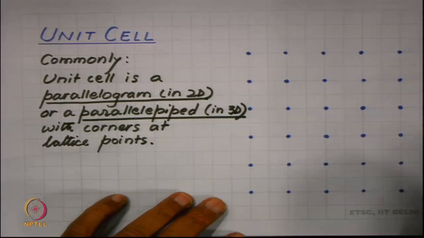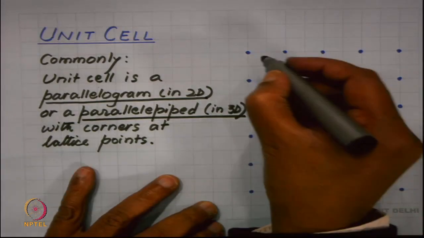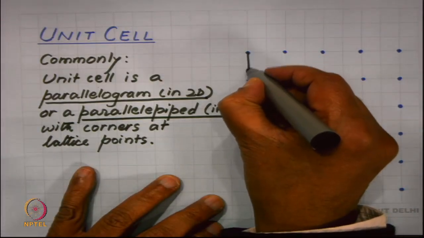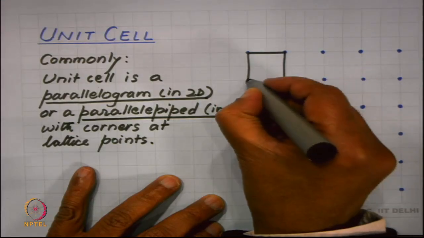So, again I have an example of a 2D lattice here, and if we wish we can select a square in this lattice.